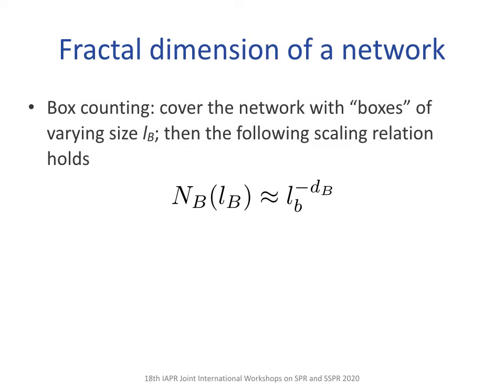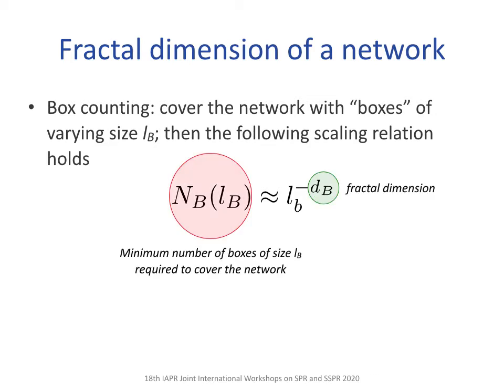Similarly, given a network, we want to try and cover it with quote-unquote boxes of varying sizes. By box, here we mean a subgraph, and its size is going to be its diameter. Then we can recover the fractal dimension of the graph thanks to the following scaling relation.